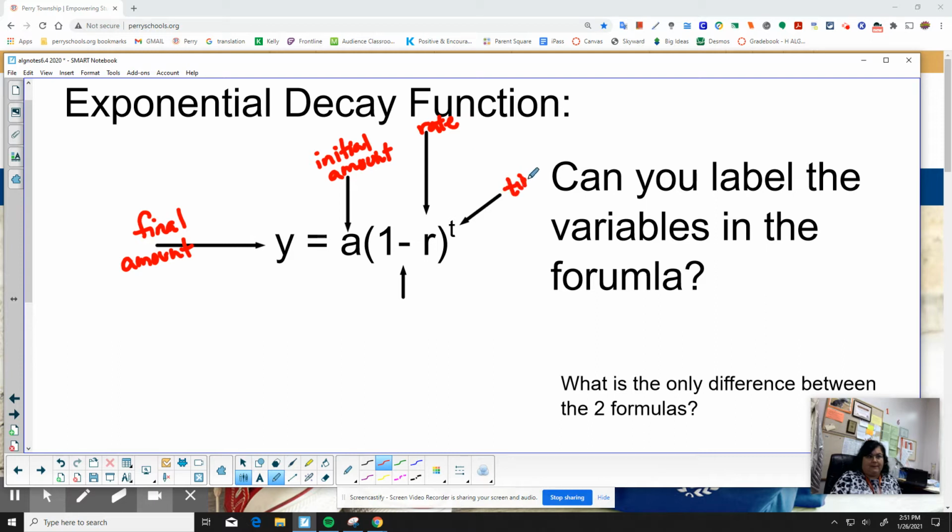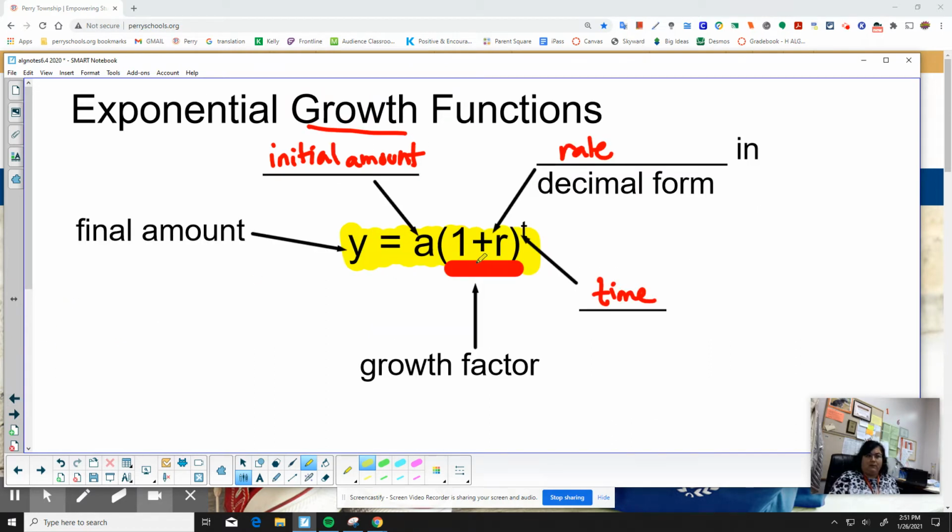T is time, and this is our growth rate here, or our decay rate, honestly. The only difference between the two formulas is this minus sign. So when it's a decay, inside the parentheses will be less than 1, and when it's a growth, inside the parentheses will be more than 1. Okay?